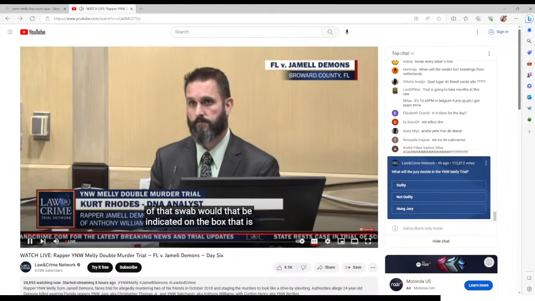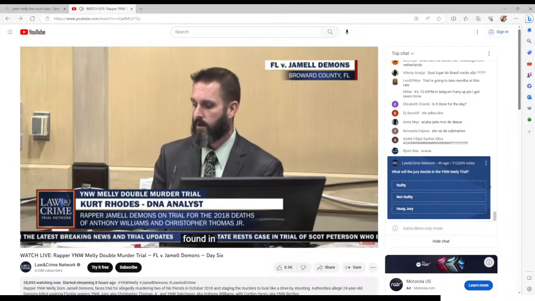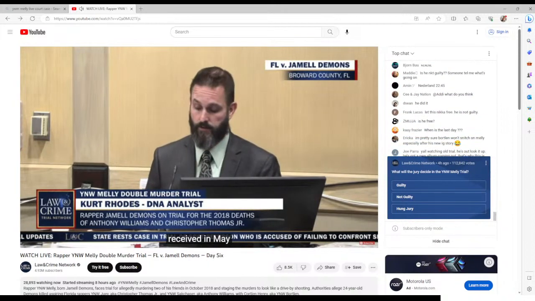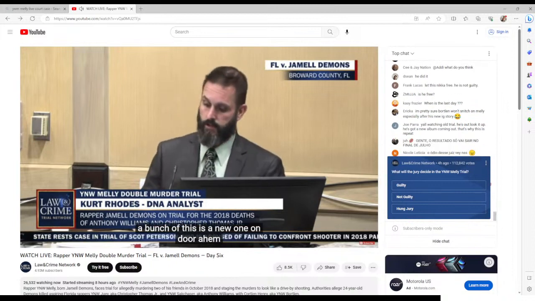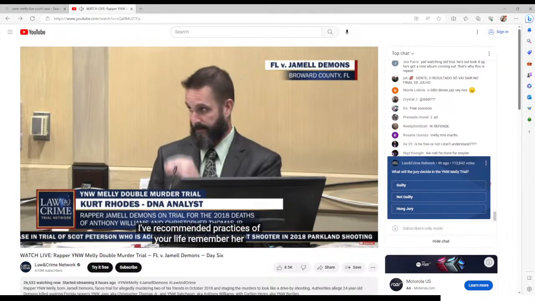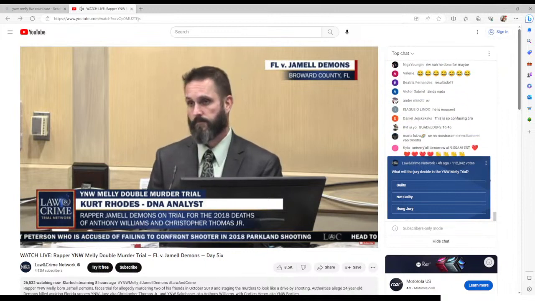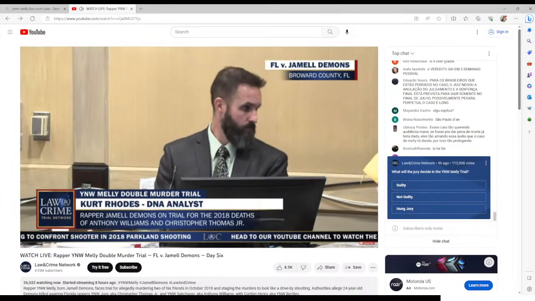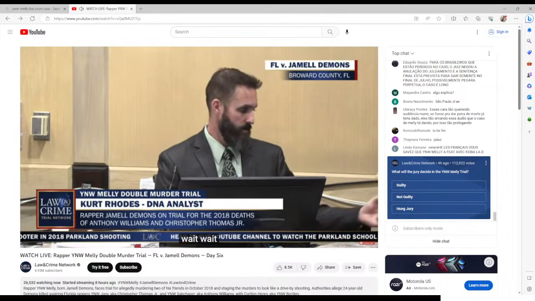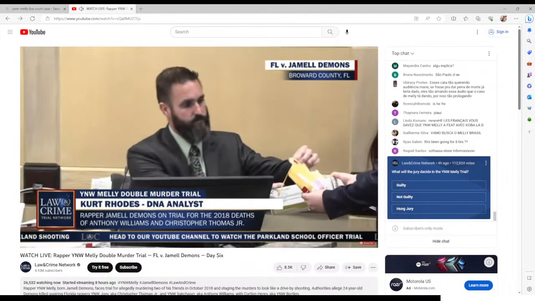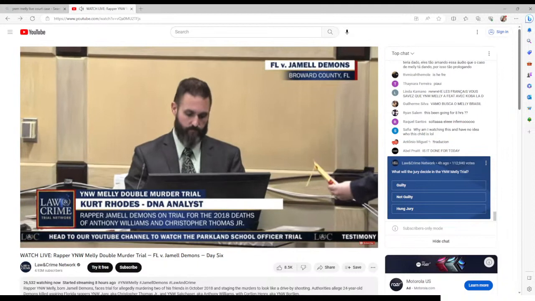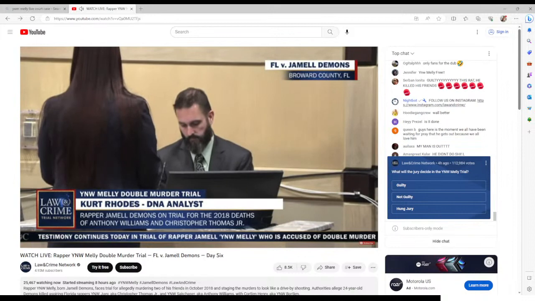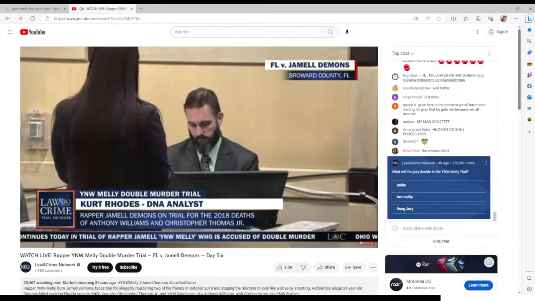Would that be indicated on the box that it is found in? Sometimes there are indications on the collection. I can look at the marker receipt. I'm not sure if it's a newer one or an older one, but I can look at the marker receipt if you'd like. Okay, and that would be item number 67, what's been put into evidence as State's 33.